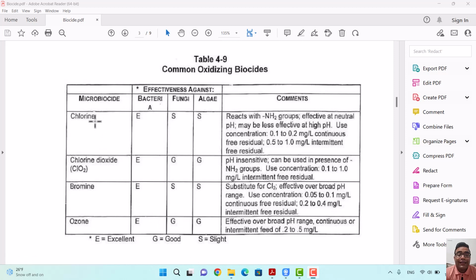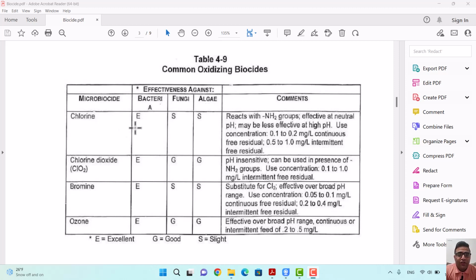As you can see here, their performance against bacteria, fungi, and algae are evaluated and compared. E stands for excellent, G stands for good, and S stands for slight activity against those bacteria, fungi, or algae.